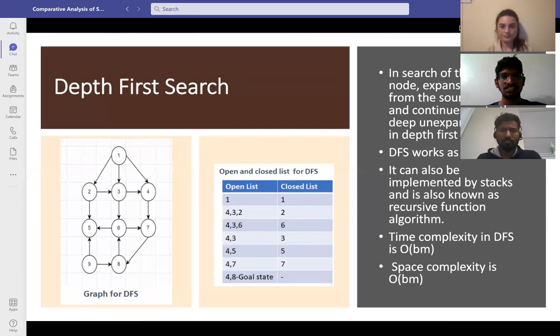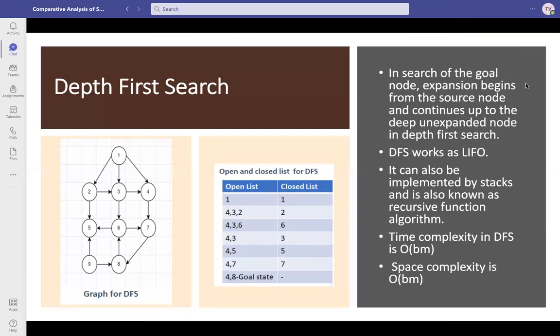So the next one is depth first search. In the previous one we followed first in first out, but here we follow a last in first out mechanism, like we do in stacks. After considering 1 as the source node, our goal is reaching the eighth node.